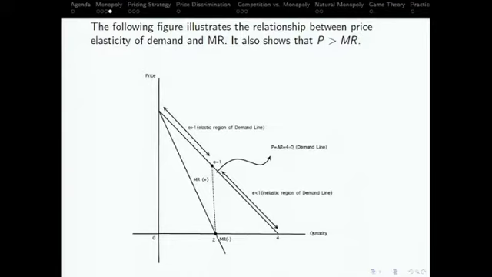So if the question says, do you think the monopoly will operate in the inelastic region of the demand curve? Then you need to say, if the monopoly is a profit maximizer, then it must satisfy MR equals MC. If it operates in the inelastic region of the demand curve, then your MR will be negative.